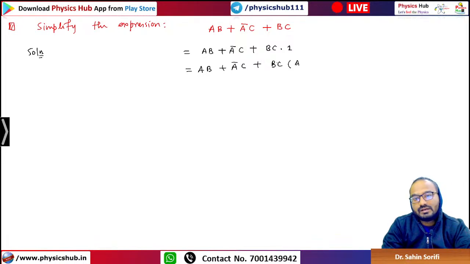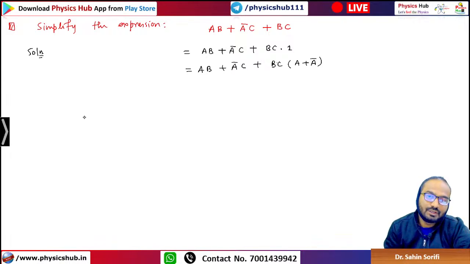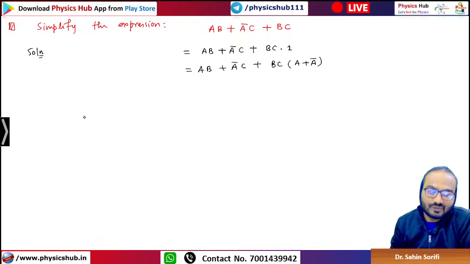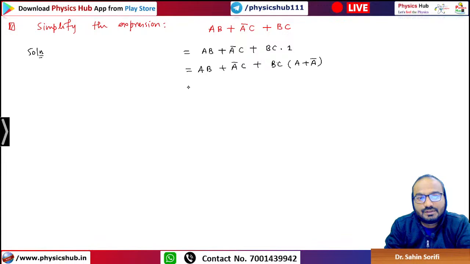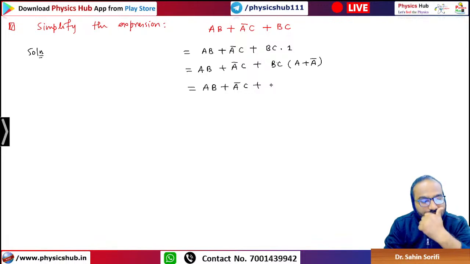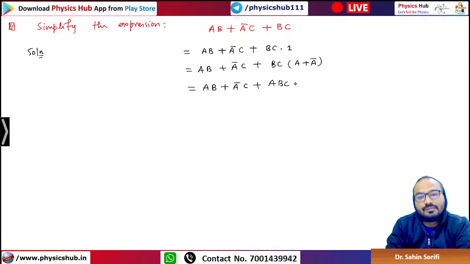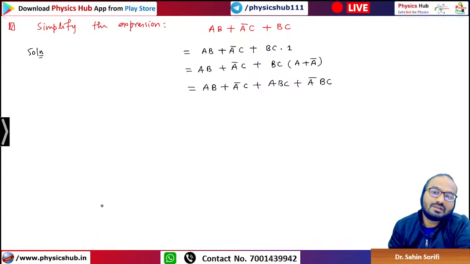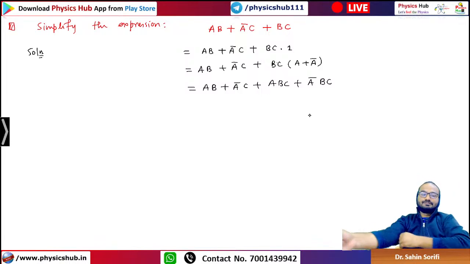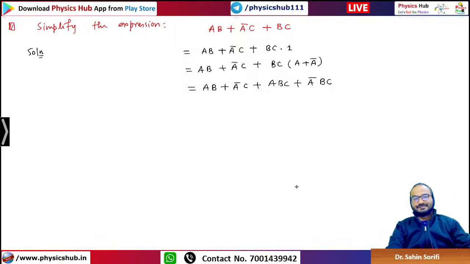So 1 we can express as A plus A complement, because A plus A complement is 1. So this is AB plus A complement C plus ABC plus A complement BC. The order doesn't matter. You can write BC and ABC are the same. It's not a matrix. Okay.